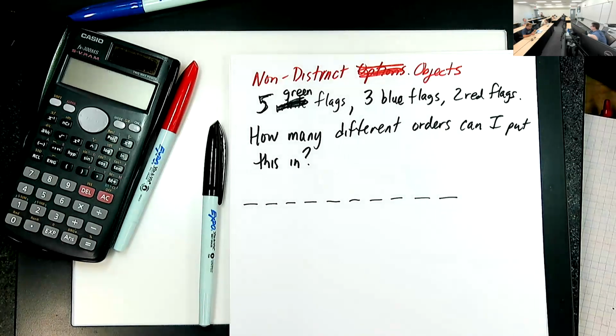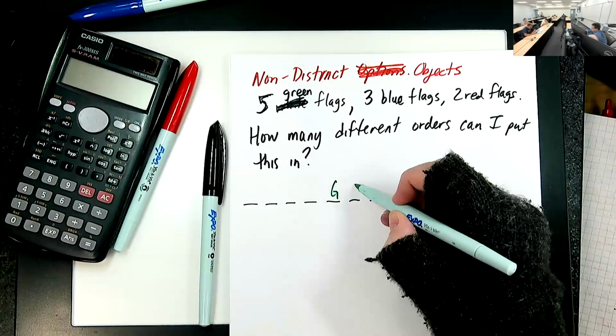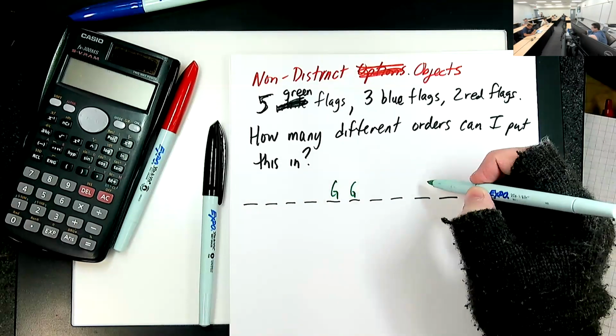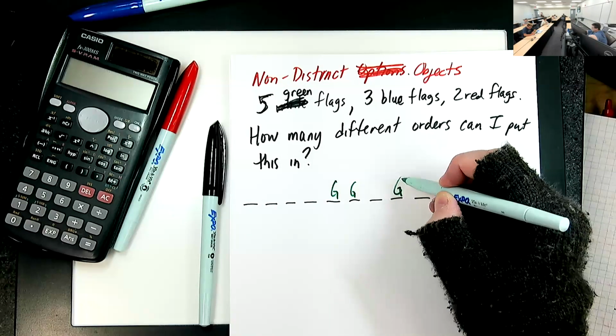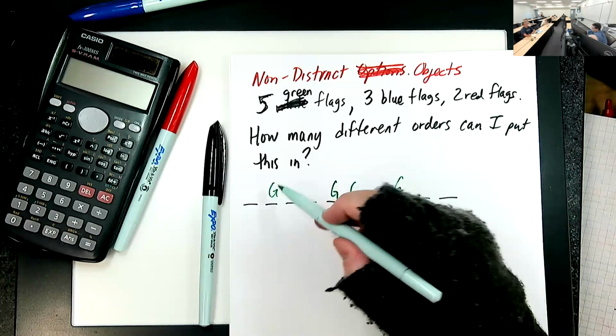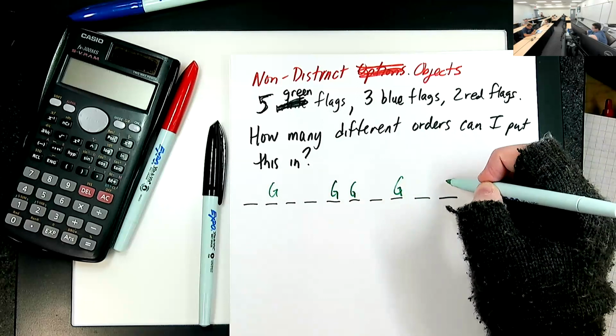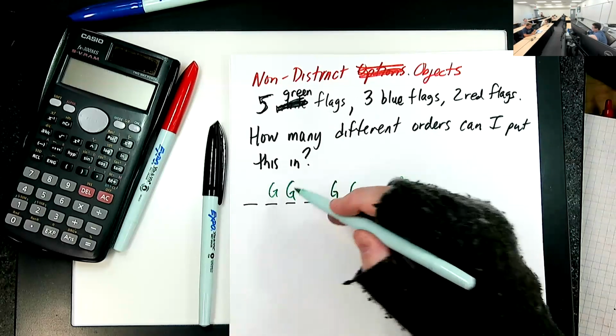Let's start with the green flags. I can put the green flags wherever I want. So let's say I put a green one there, and a green one there, and a green one here, and a green one there, and we'll do another green one right next to that one.